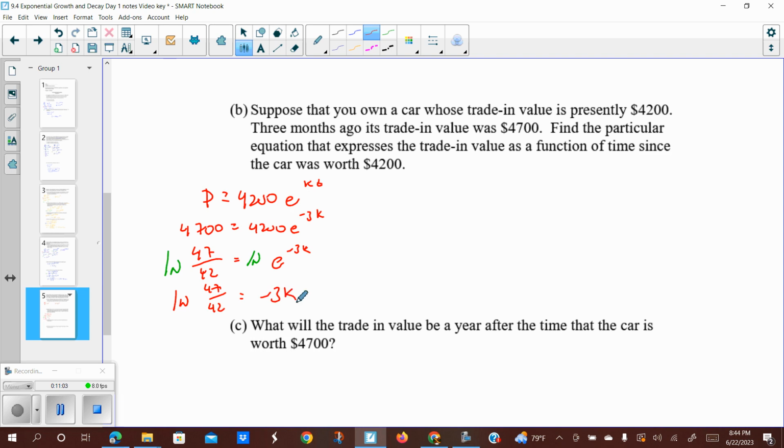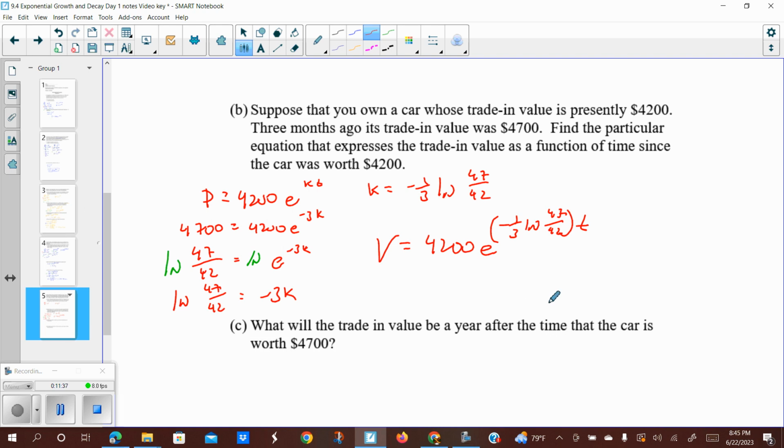Multiplying by negative 1/3 is going to say that k is negative 1/3 natural log of 47 over 42. Let's plug that back in. So our value is going to be 4200 e to the negative 1/3 natural log of 47 over 42 times t.